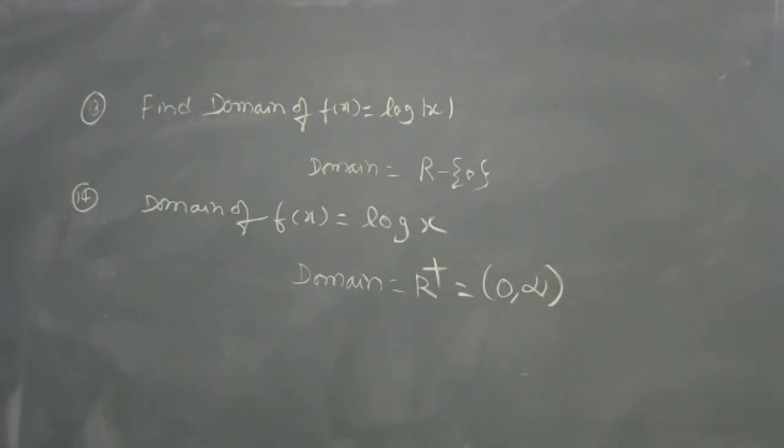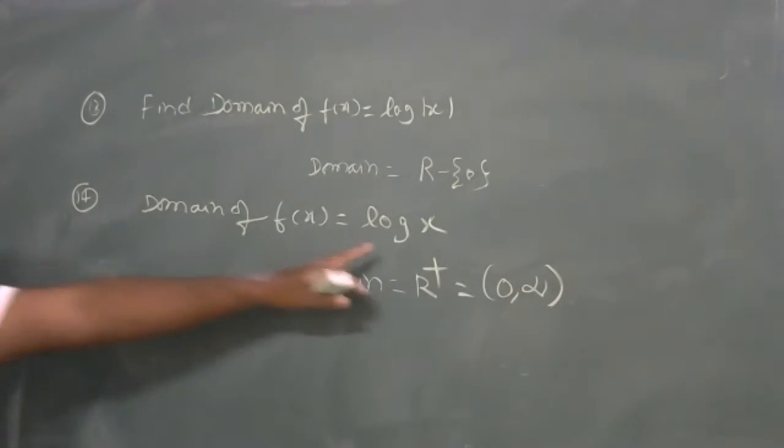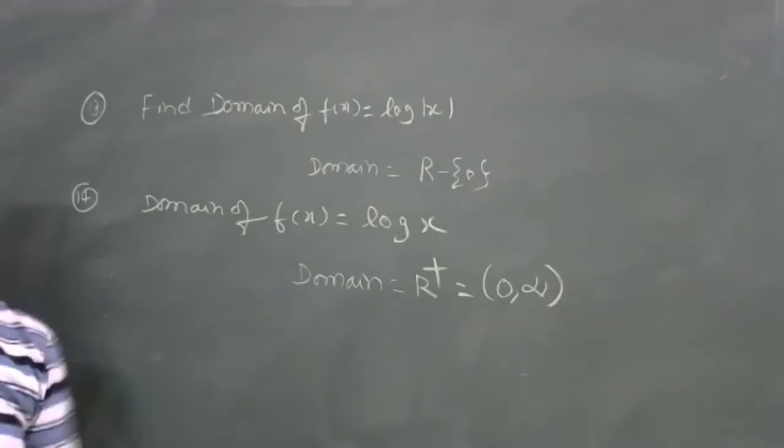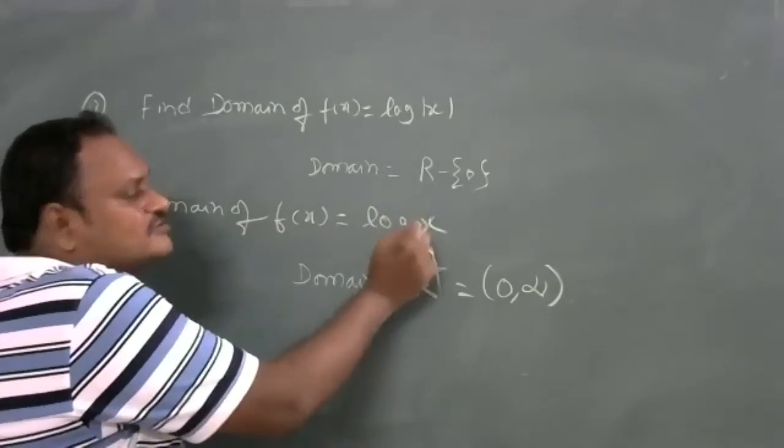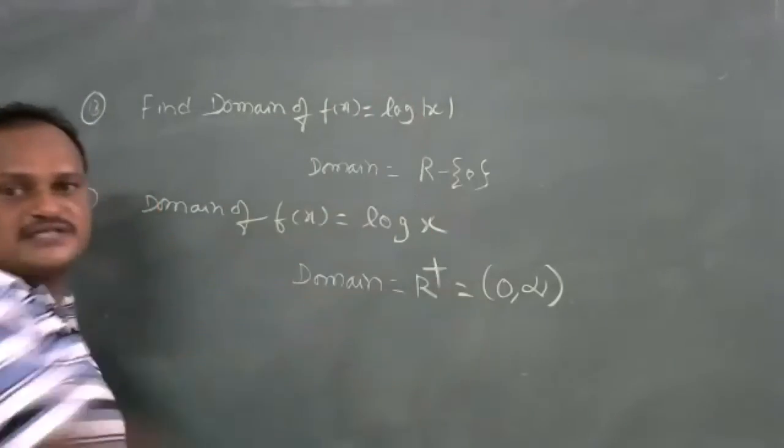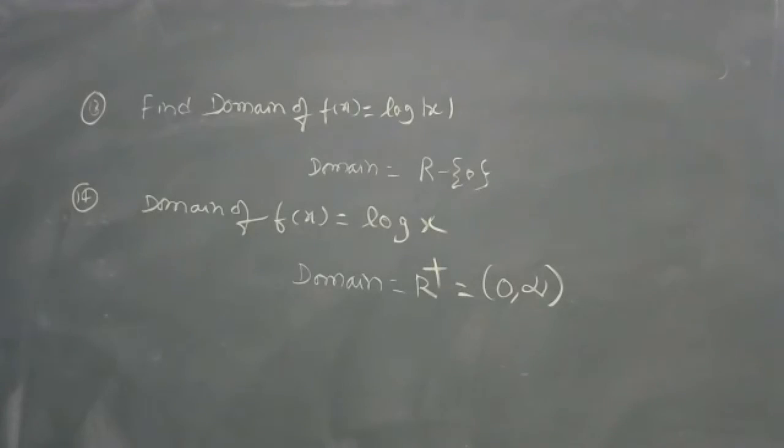This is the domain of f of x equal to log x, and here it is log of mod x. When you have mod x, it is different. Without mod x it is this, and this is with mod x. There is a difference. Please observe. Please try to do the problems on your own, and I will try to give more problems.